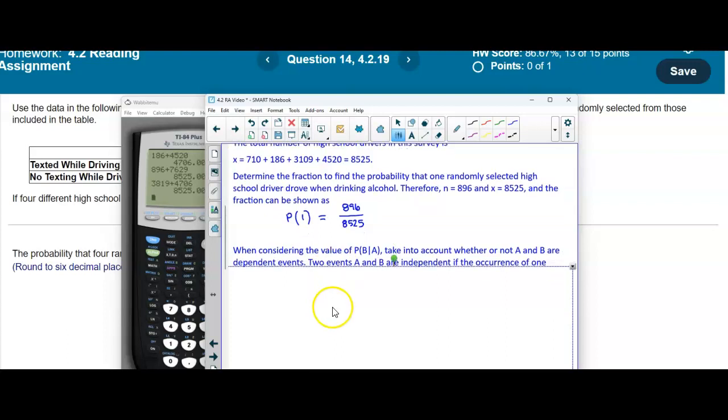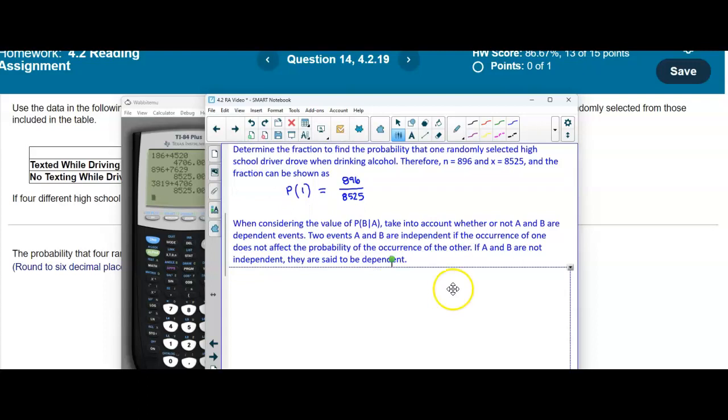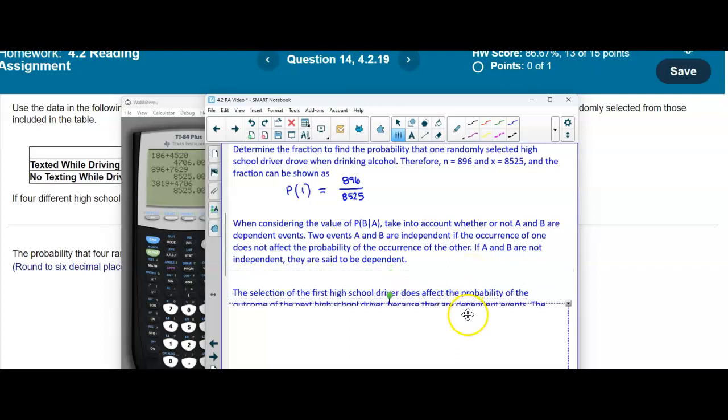Now, when considering the value of the probability of event B occurring, provided that A has already occurred, we take into account whether or not A and B are dependent events. Two events A and B are independent if the occurrence of one does not affect the probability of the occurrence of the other. If A and B are not independent, then they are said to be dependent.